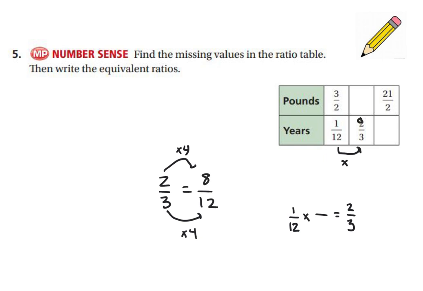So now if I said that this is 8/12, well, that becomes really easy now. 1/12 times 8 is 8/12. And 3/2 times 8. If we cross simplify that, we get 12 over 1.